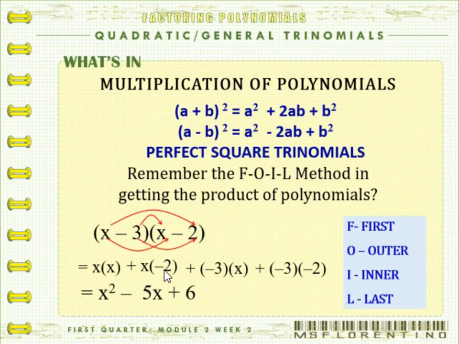X times negative 2 is negative 2x, plus negative 3 times x is negative 3x. If we combine these two, we get negative 5x, plus negative 3 times negative 2 is positive 6. Therefore, the product will be x squared minus 5x plus 6.